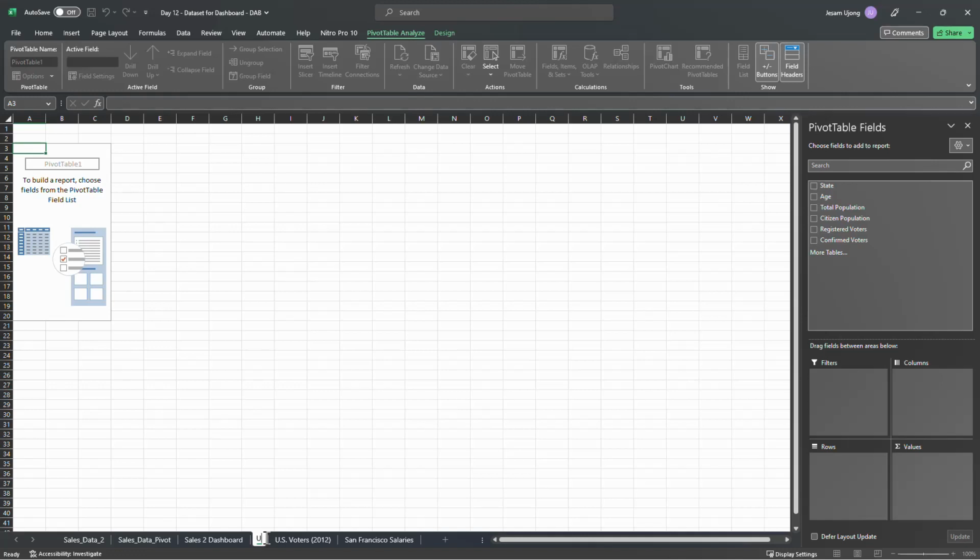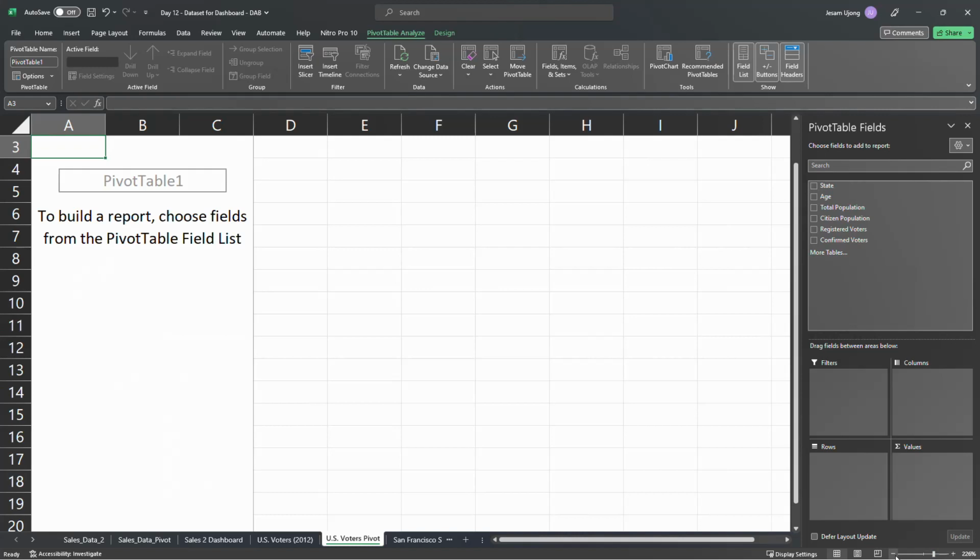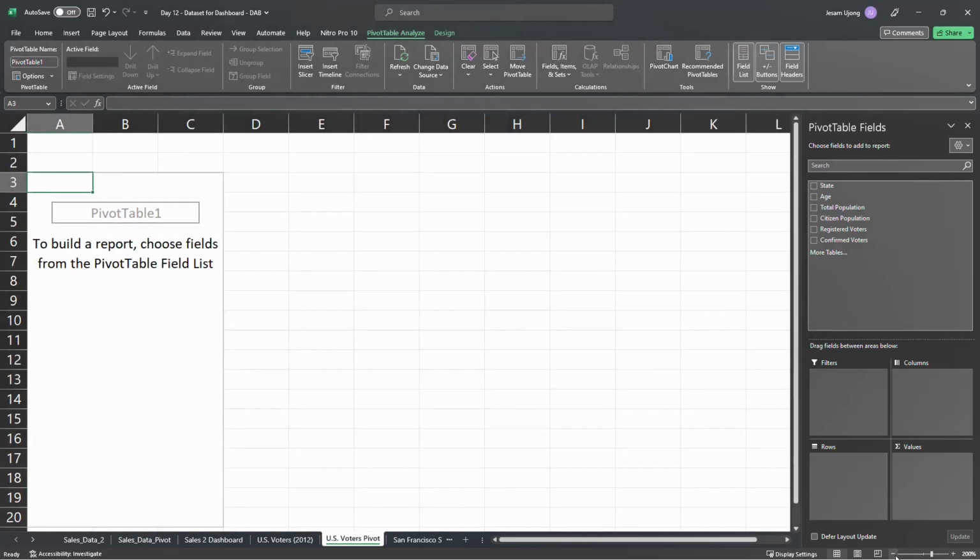I'd call this US voters pivots. You already know how to create pivots, so I'm not showing you that. I want to show you something called calculated fields in pivot tables. Calculated fields is the subject matter for today.